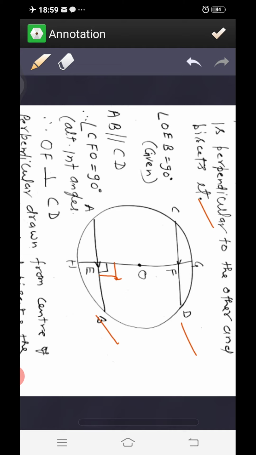So angle OEB equals 90 degrees. This is given. Then AB is parallel to CD. Therefore angle CFO will also be 90 degrees because of alternate interior angles.